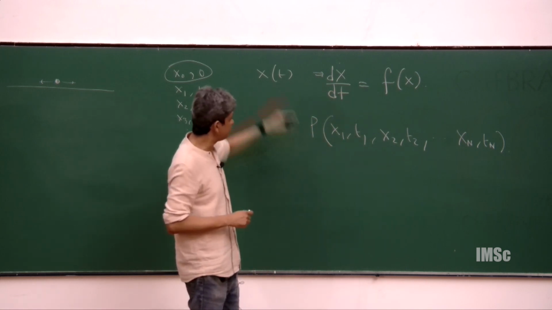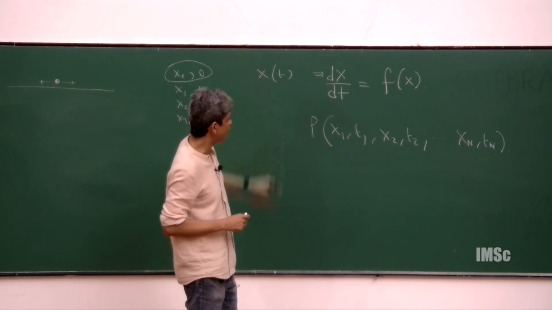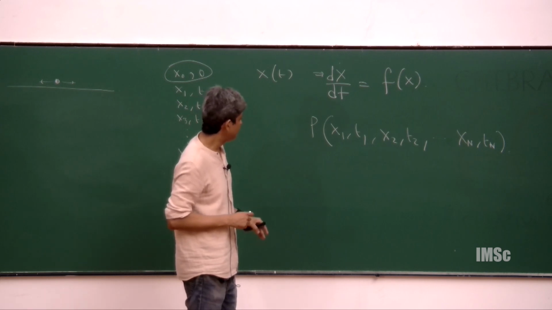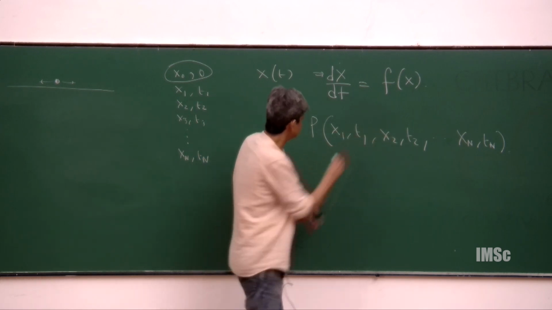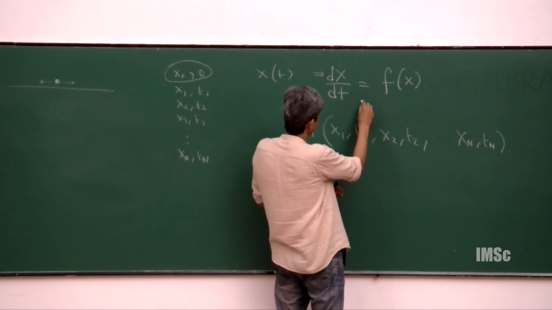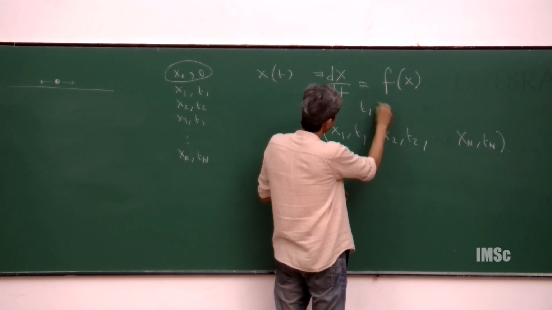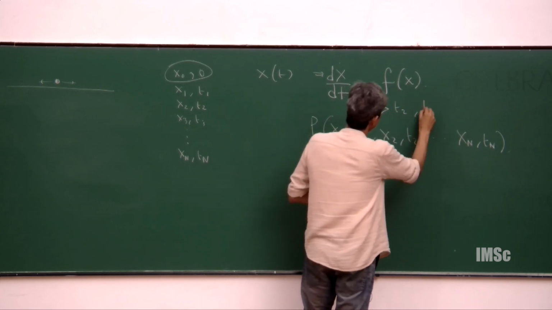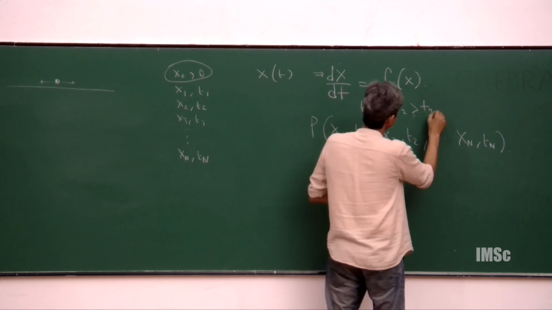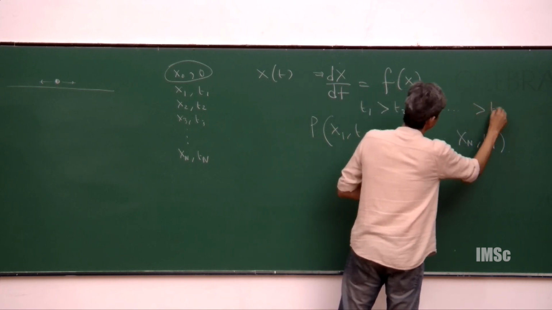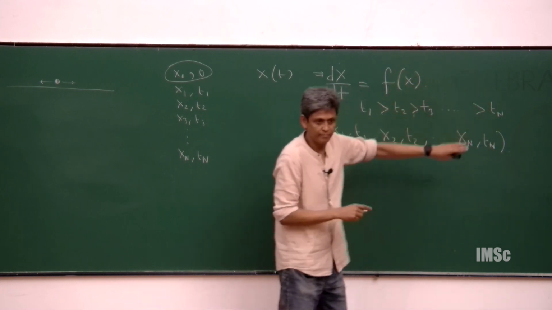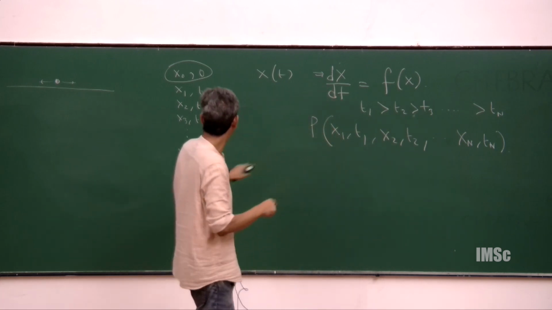So one simplification which everybody works with is the fact that, okay, so here when I write this, you can think that t1 is the latest time. So t1 is greater than t2, greater than t3, greater than so on. So tn was the earliest time. Okay, so this is the way I have started.